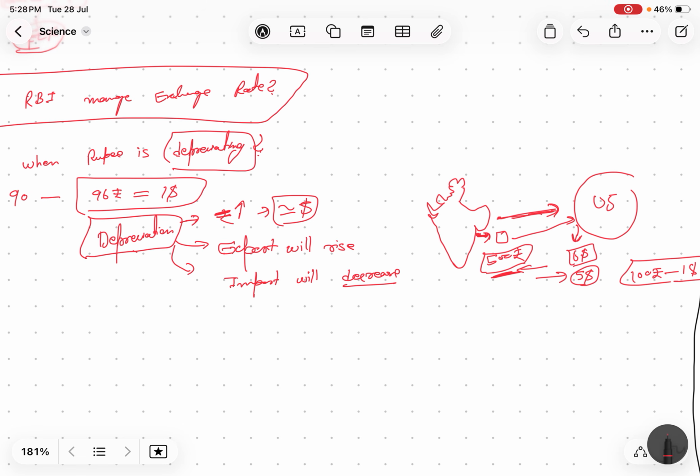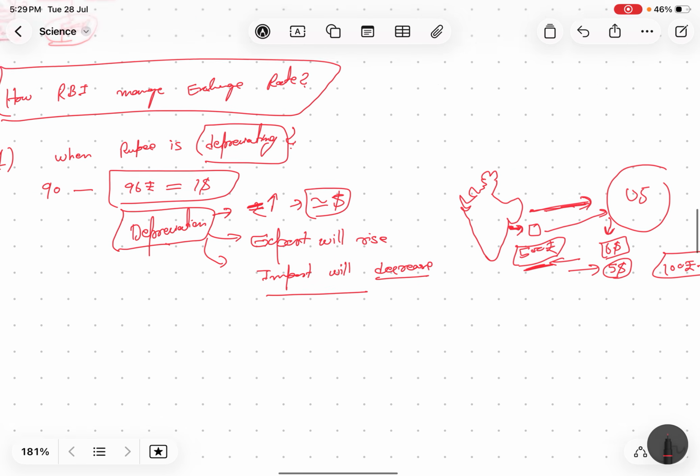And in reverse order, you can say import. For example, earlier you had to spend only 500 rupees to get things worth 600 done. Now you have to increase your value, as you have to give more rupees to get that $1 item from another market. So these are the things.